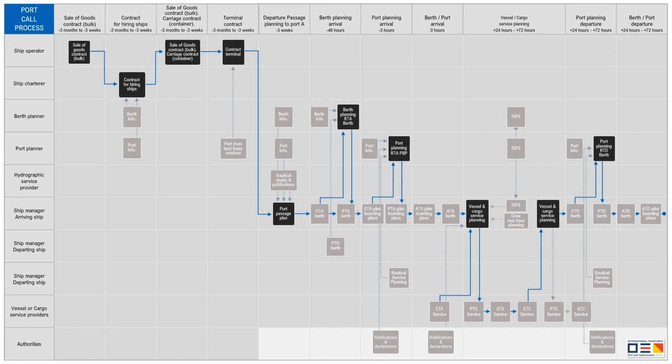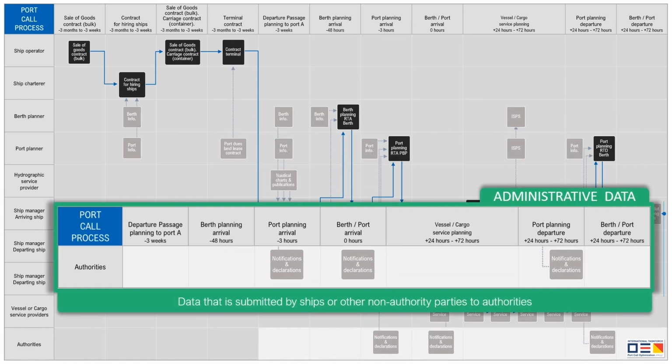The third and final dataset is administrative data. This involves data submitted by ships or other non-authority parties to authorities based on legislation or regulations. This data consists of notifications and declarations made to authorities.